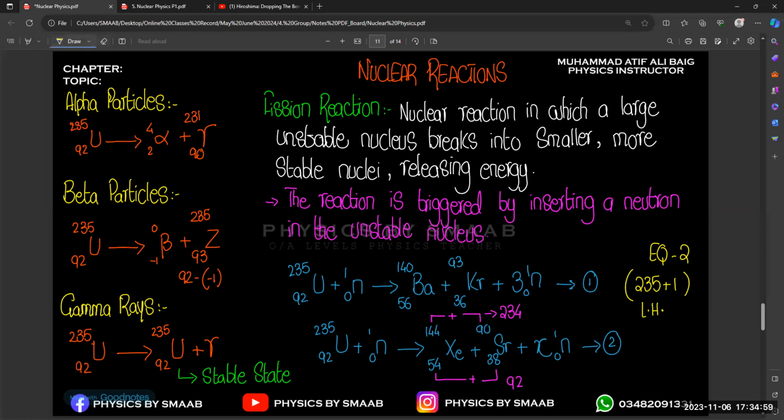So we have to add 235 plus 1, and you are getting 234 on right hand side. So how many neutrons are less on right hand side?